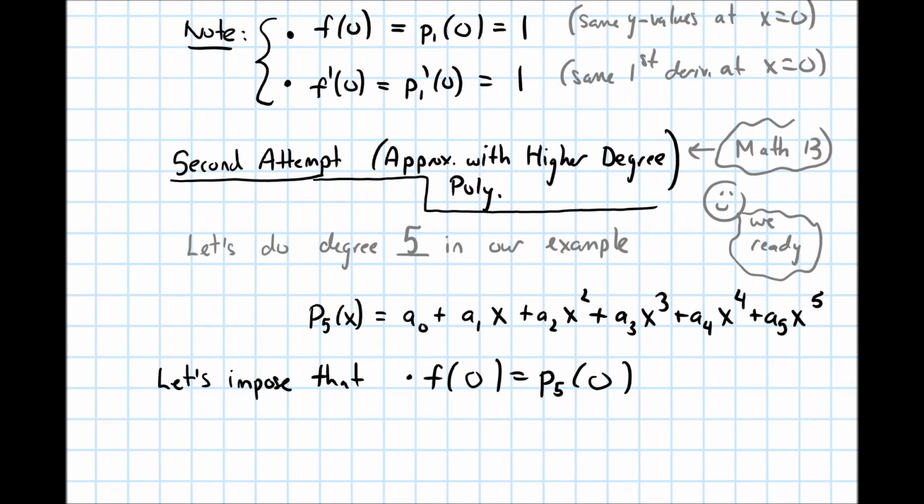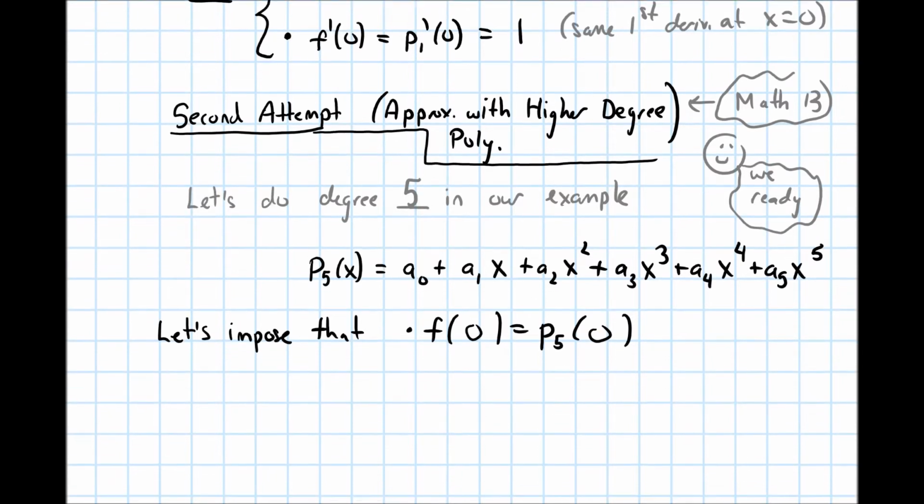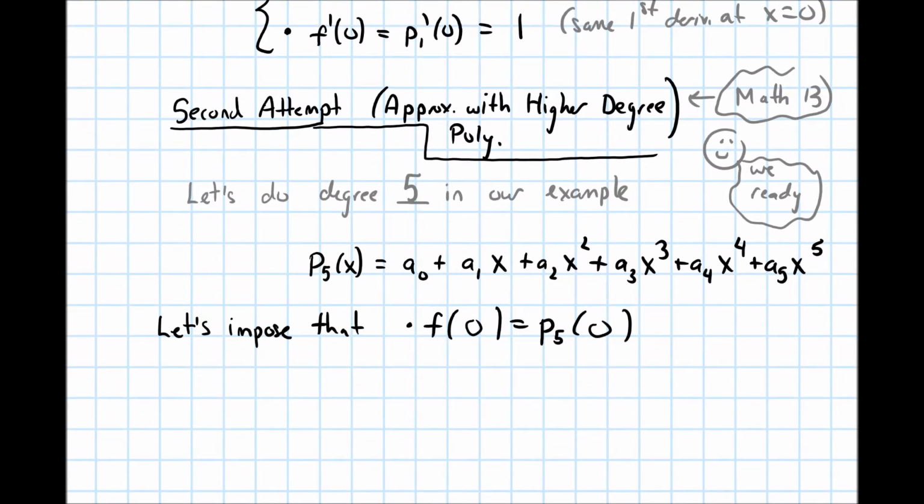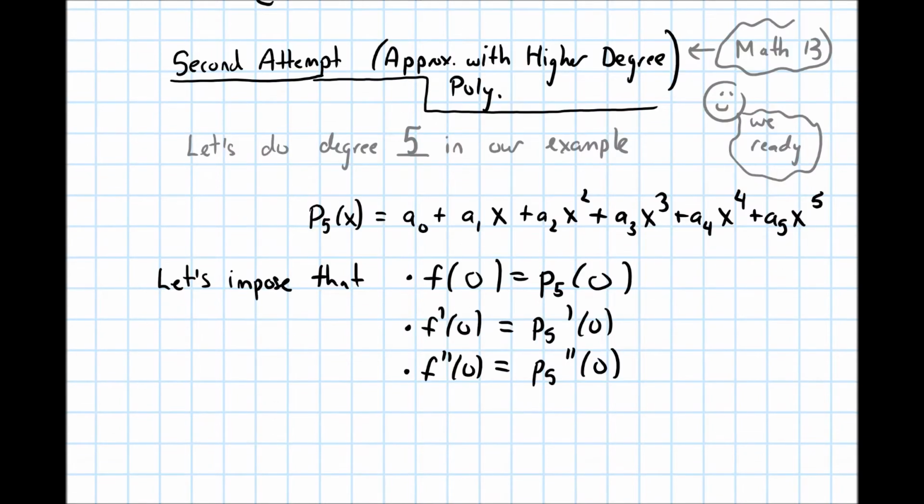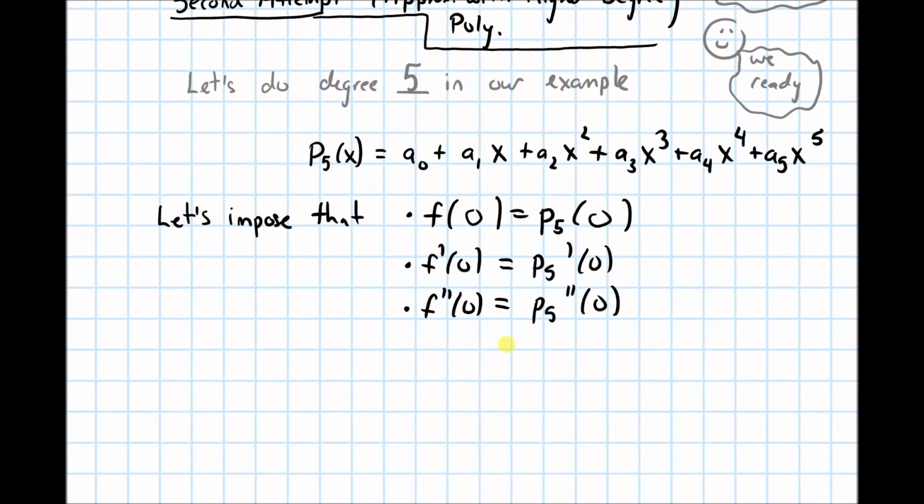And furthermore, that the derivatives all the way up to the fifth derivative agree. So when you take the derivative and you plug 0 in, that's going to be the same in both of them. When you take the second derivative and you plug 0 into both of them, I'm going to impose that that's the same. And I can keep going like this up until I get to the fifth derivative.